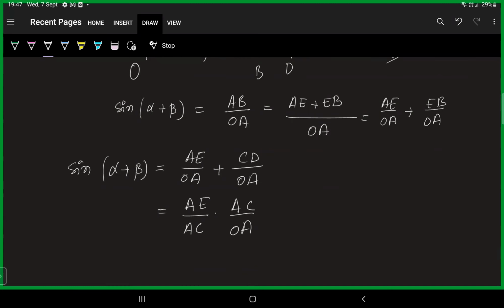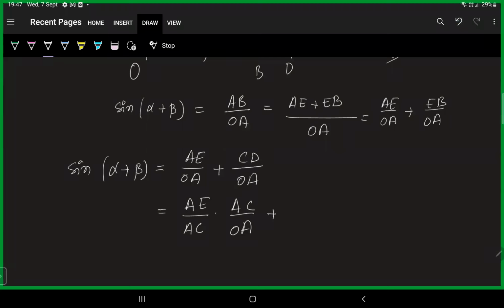I'm only writing this because we need the angle alpha separately, to express sine of alpha plus beta in terms of separate angles. That's the only reason we are writing it.